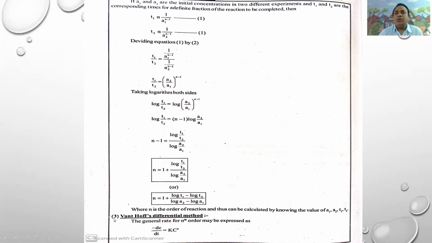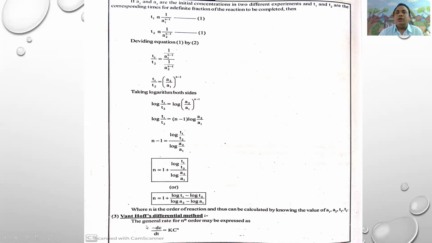Next, the third method is van't Hoff differential method. Here, in this method, generally according to the law of mass action at constant temperature, the rate of reaction is directly proportional to the product of the concentration of the reactants.